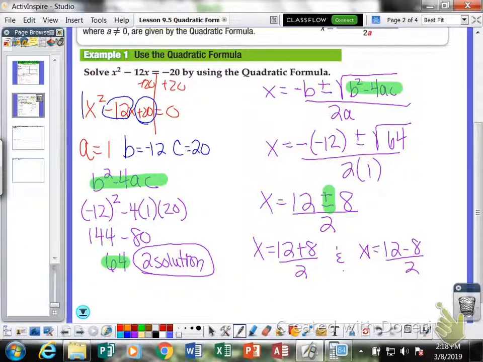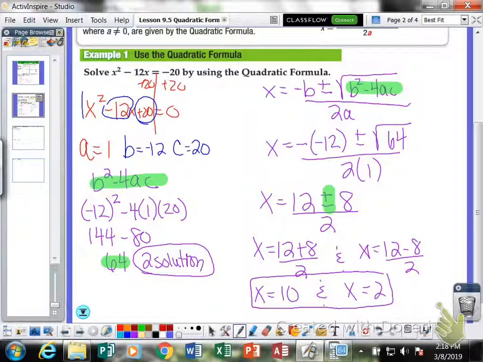And then I just do my math. x equals 12 plus 8 is 20, divided by 2 is 10, and 12 minus 8 is 4, 4 divided by 2 is 2, so x equals 2. There, my 2 real solutions. I checked my answer. I got 2 answers. I should have gotten 2 answers. So there you go. That's how you use the quadratic formula.